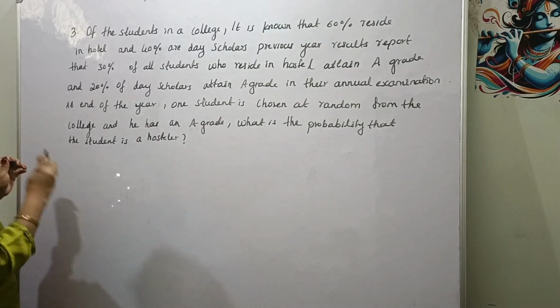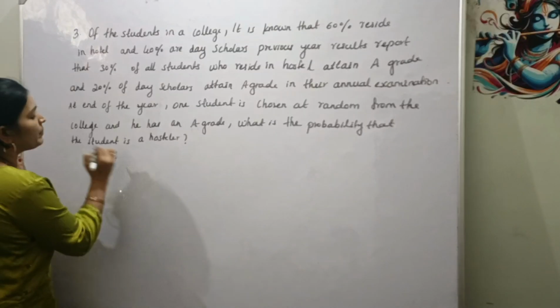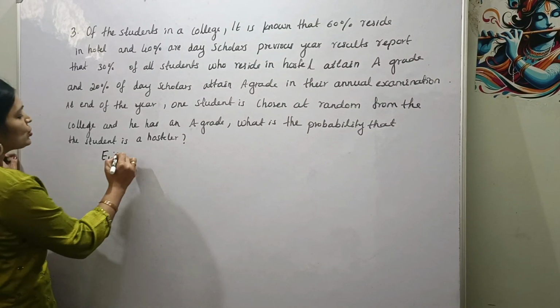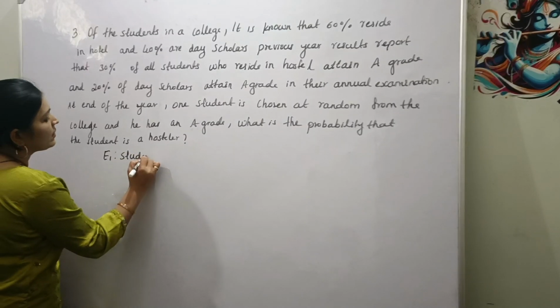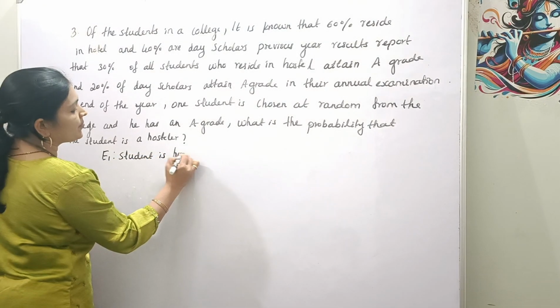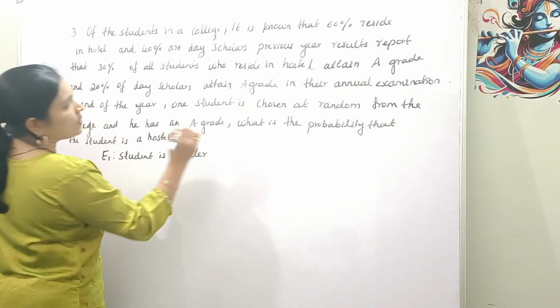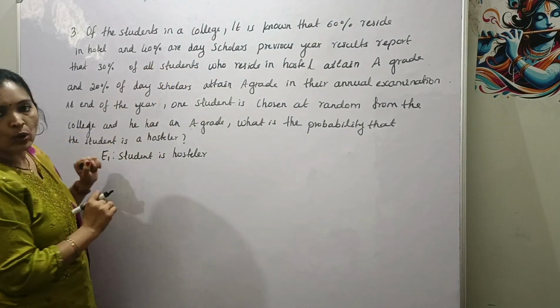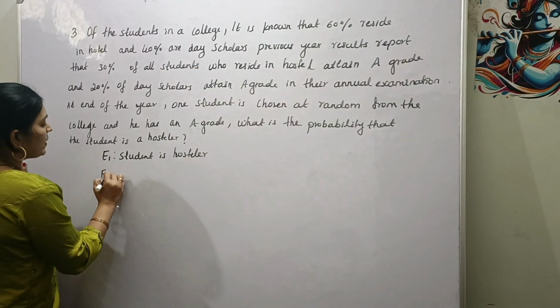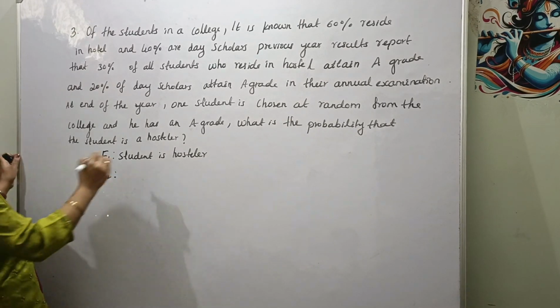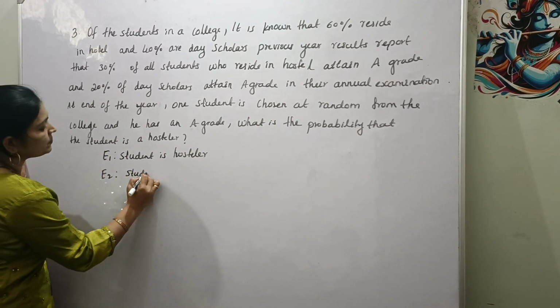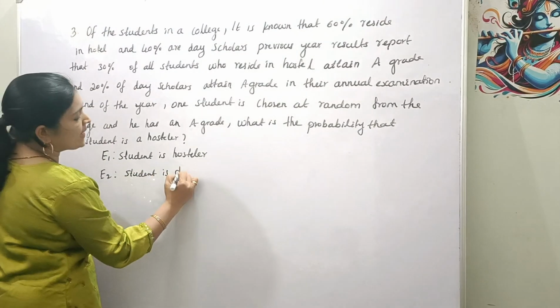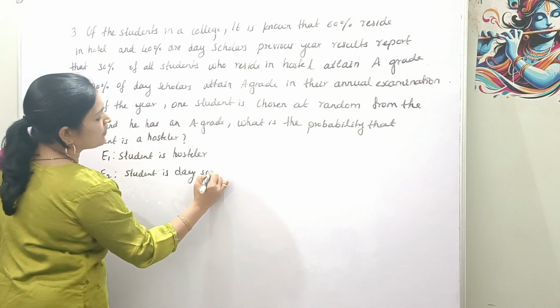First of all, let E1 be the event that the student is a hosteler. Two types of students are there, hosteler and day scholars. Let E2 be the event that the student is a day scholar.